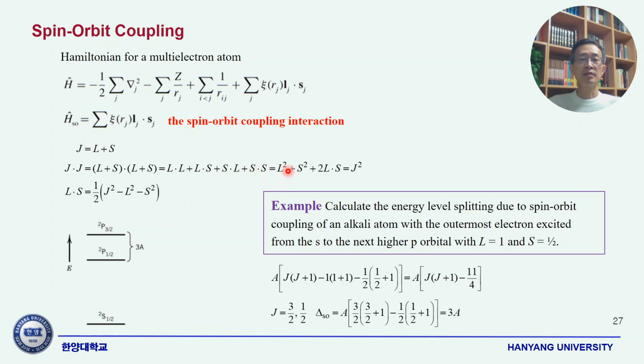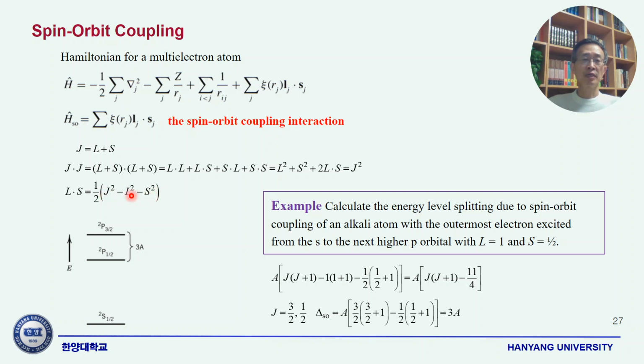Then what do we get here? L squared plus S squared plus 2 times L dot S, and this is the J squared operator. So the L dot S operator is 1/2 of J squared minus L squared minus S squared.